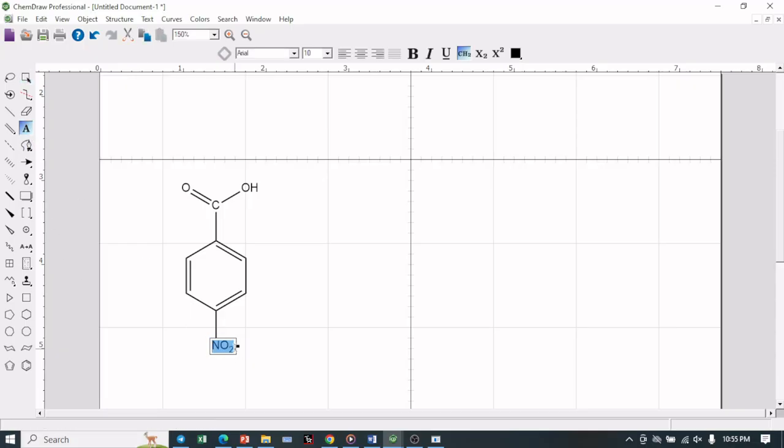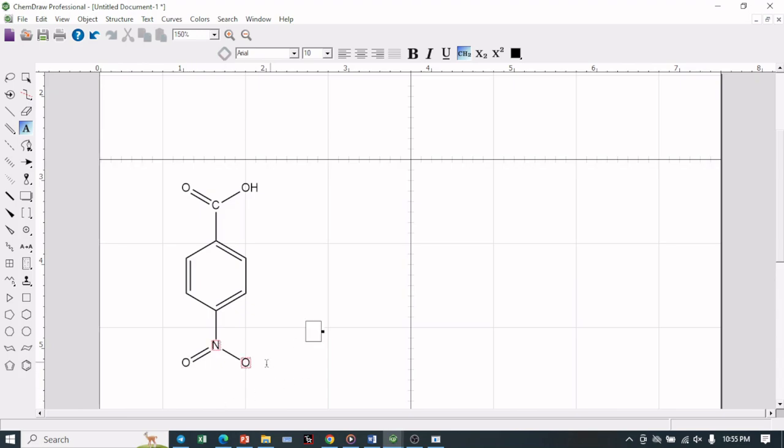Just write nitrogen, then add a double bond and a single bond, and then add an oxygen atom here and an oxygen atom here also.